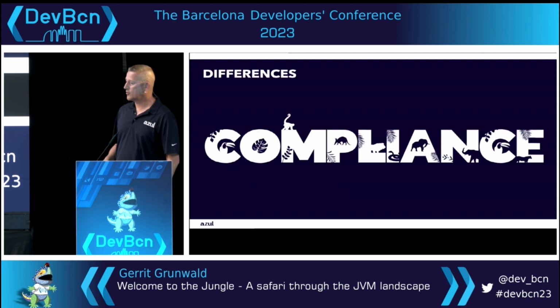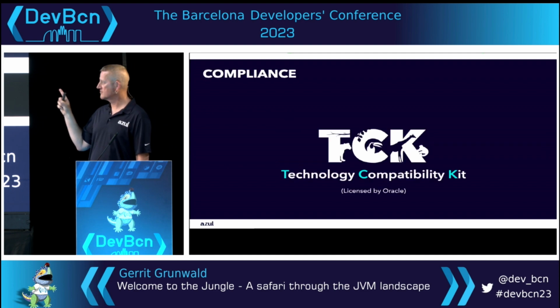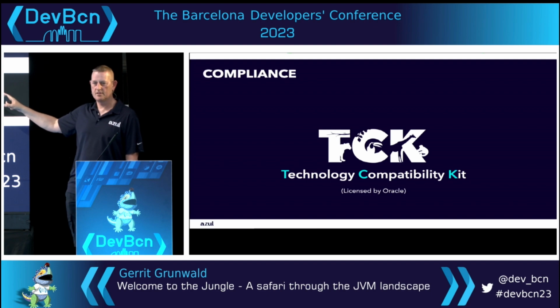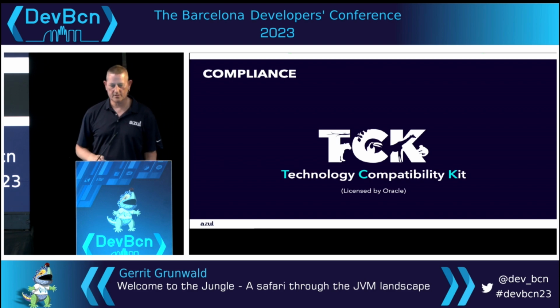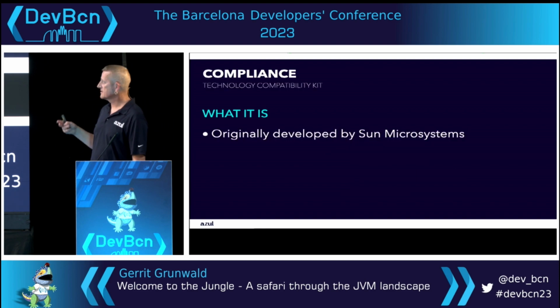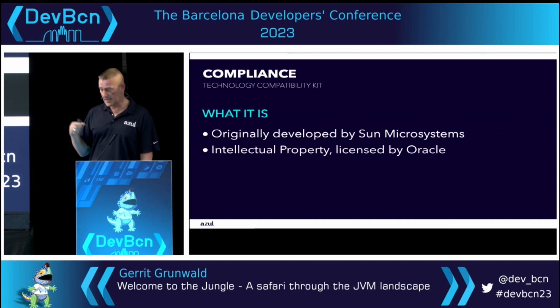Okay. Then the next thing is compliance. Who knows the TCK or has heard about it? Probably a lot of people. It is the Technology Compatibility Kit, and it's licensed by Oracle. It was originally developed by Sun Microsystems, and it's now the intellectual property licensed by Oracle.